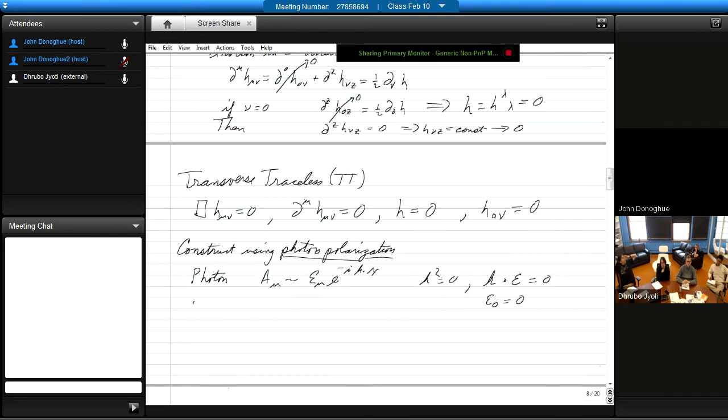Okay, so for these guys, there's helicity plus and minus 1, and epsilon mu is chosen to be 1 over square root of 2 times (0, 1, plus or minus i, 0) for motion in the z direction.